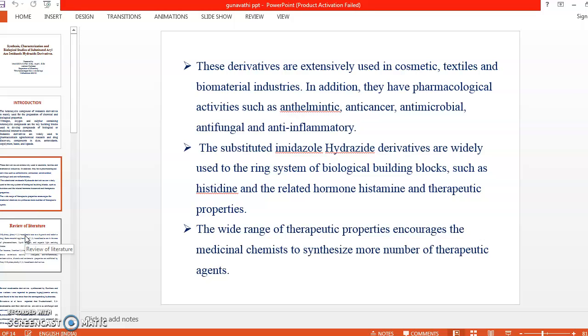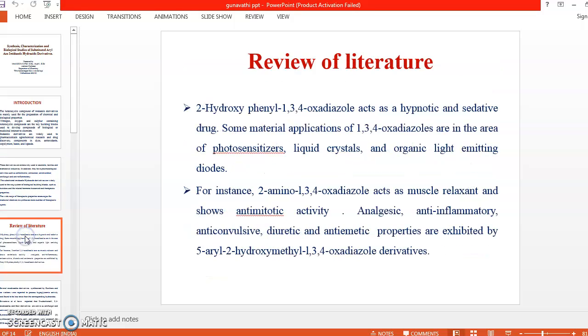The wide range of therapeutic properties encourages the medicinal chemist to synthesize more number of therapeutic agents. Next, we are going to see the review of literature.